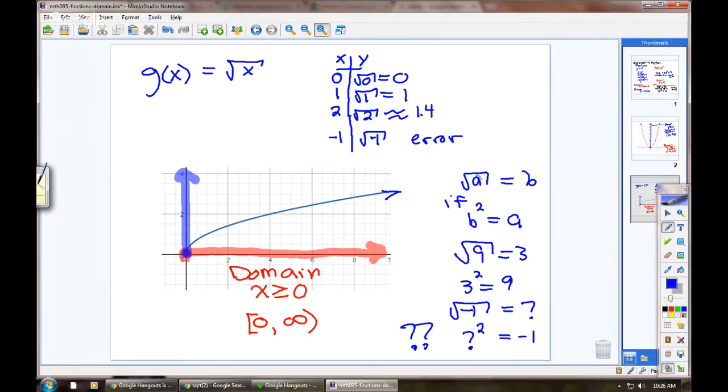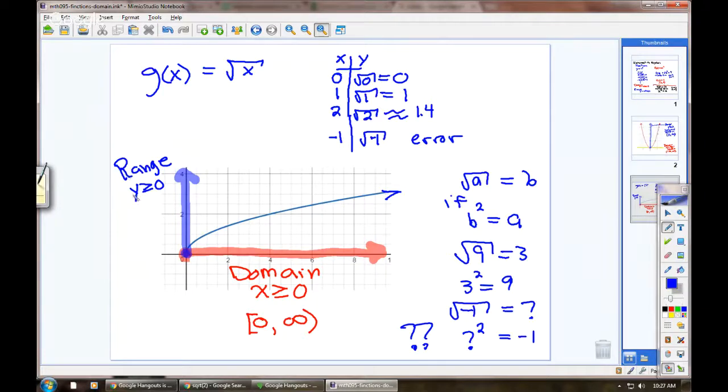It gets shallower as you go out, but it still goes up. The square root of 10,000 is bigger than the square root of 1,000, for example. So my claim then is that the range of this function, all possible y values I get from this equation up here, y has to be greater than or equal to 0. Pretty similar to the domain.